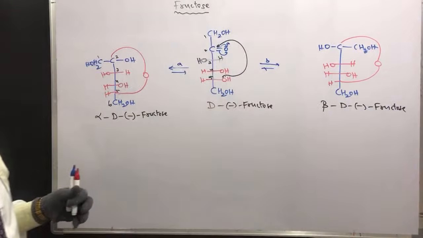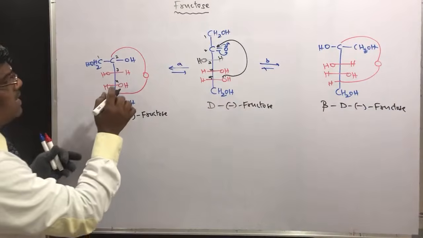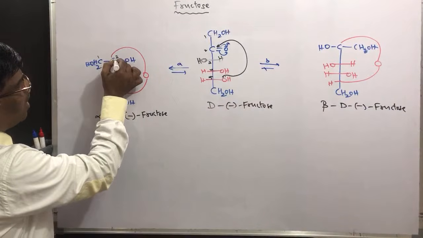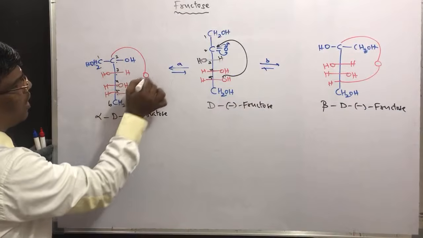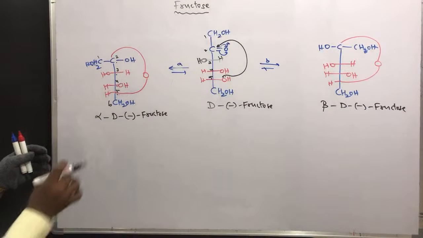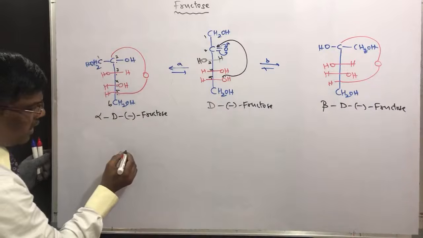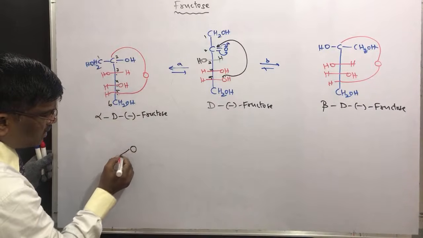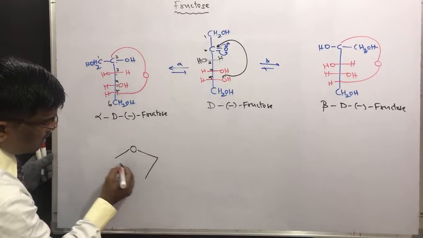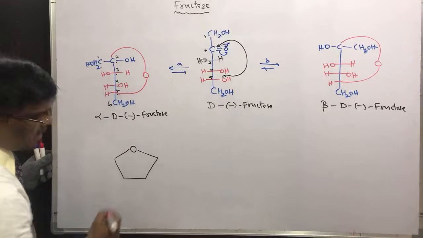Yes. So let us see the ring size. How many carbons are there? 1, 2, 3, 4 and this is 5. Means it is a 5-membered ring. This 5-membered ring I can write like this. What is it?